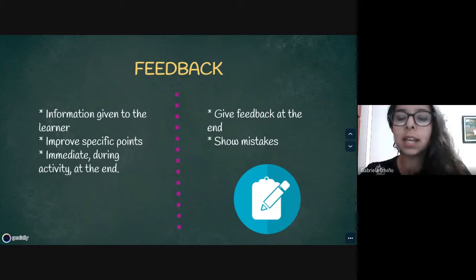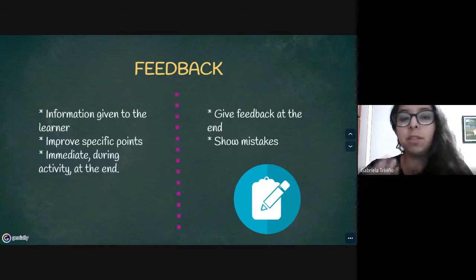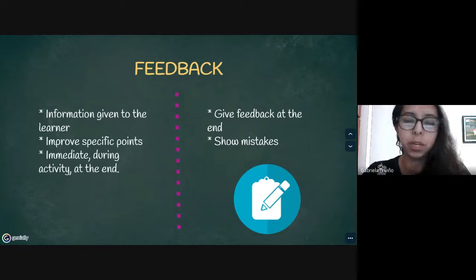This also creates confidence in the student, because if you give the feedback during the activity, the student will feel demotivated and won't want to continue doing the activity. But if you wait until the end and have your notes or the mistakes written down, this can be better for the student.